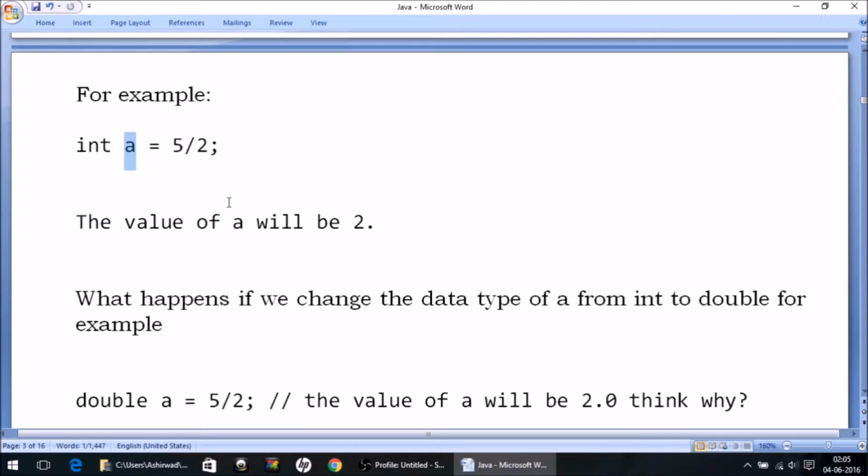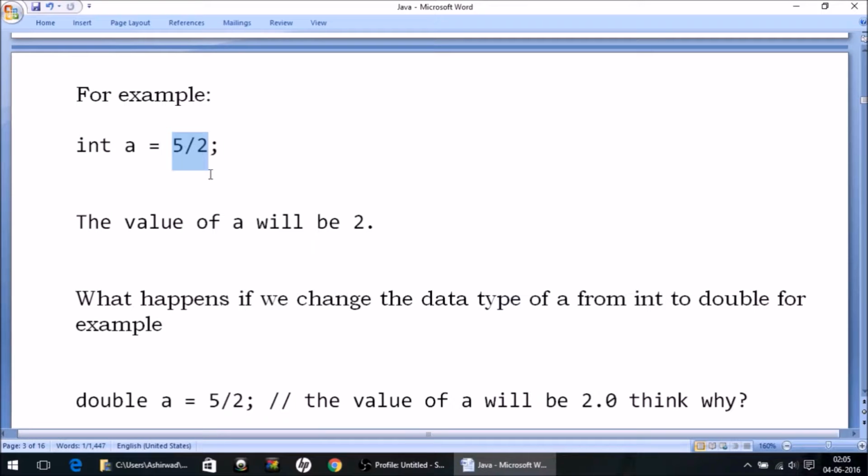It seems that the system simply ignores the fractional part, but the interesting thing is, does this calculation give the result as 2.5 and then 0.5 is cut and 2 is stored in a? The answer is no, nothing such happens.